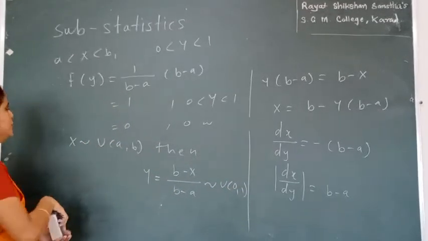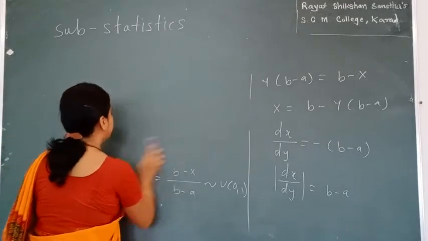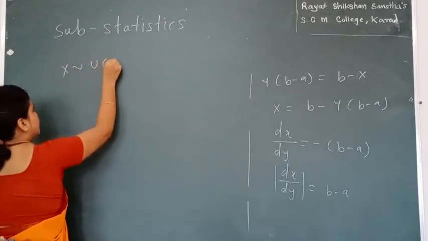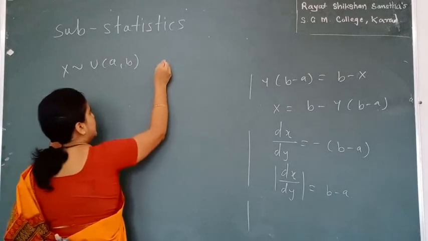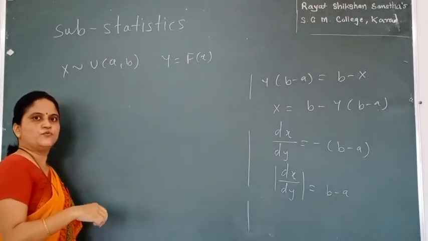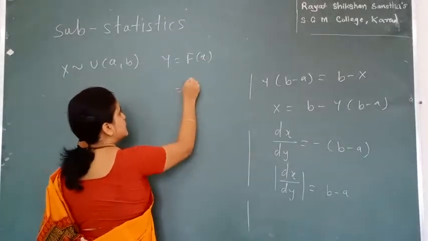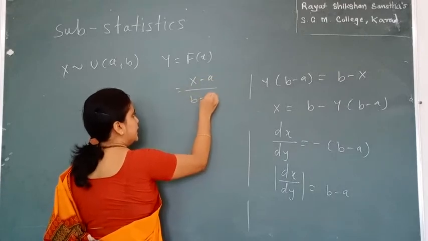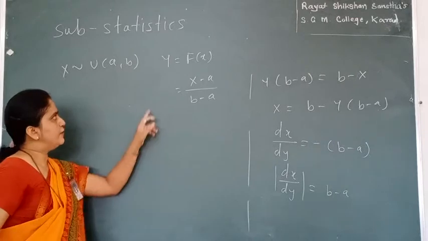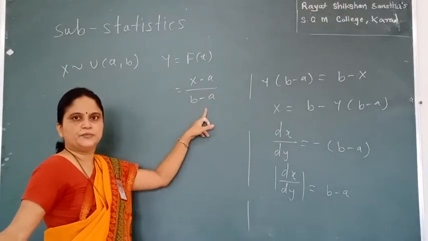Now the third problem is just like our first problem. That is, if x follows uniform AB, then y, which is equal to your distribution function fx, what is the distribution of this y? I know that the value of fx is x minus a divided by b minus a. But our first problem is just like this: we can find the distribution of y, which is equal to x minus a divided by b minus a.